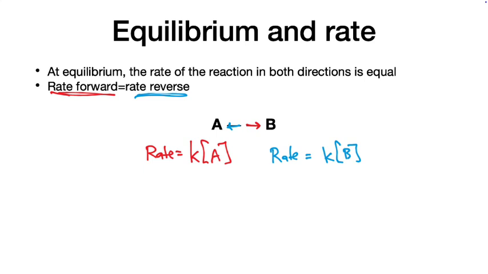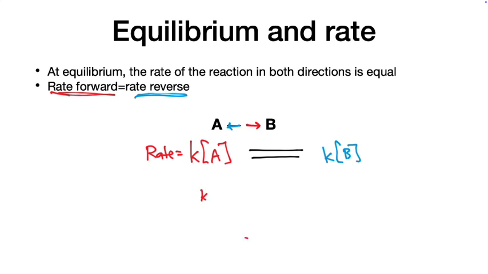The rate forward equals the rate reverse, which means long equals sign. And because we're mathematicians, or we pretend to be because we're chemists, what we can go through and do is group like terms. The K's are constants, the concentrations are concentrations. So we group the concentrations on one side and the constants on the other. Okay, and what are we going to end up with?